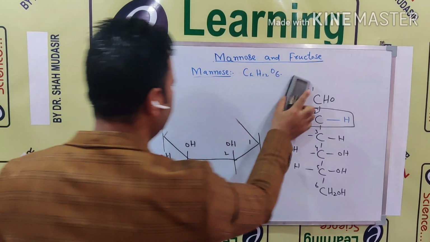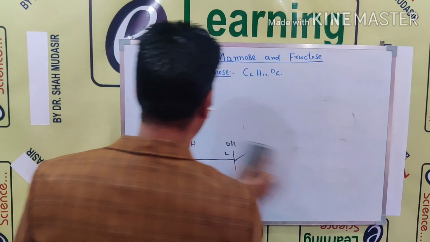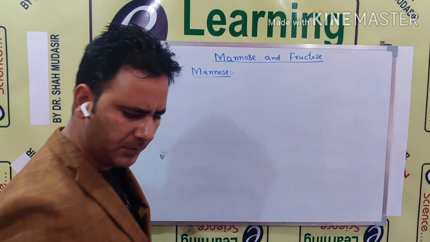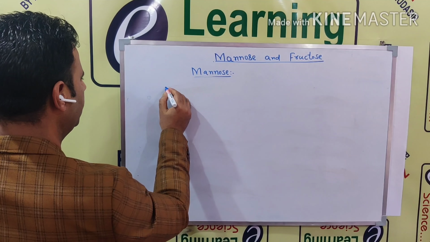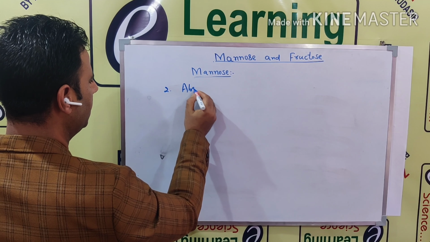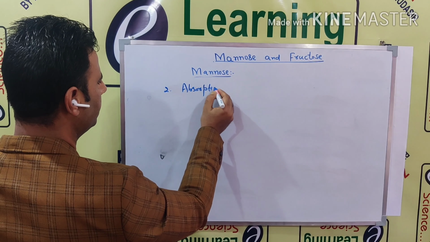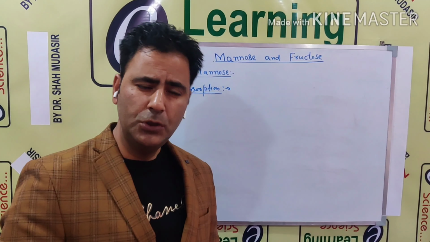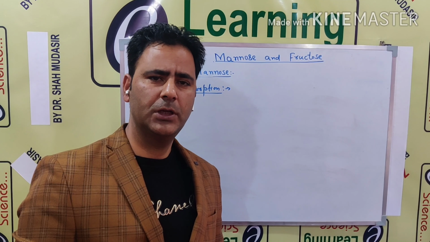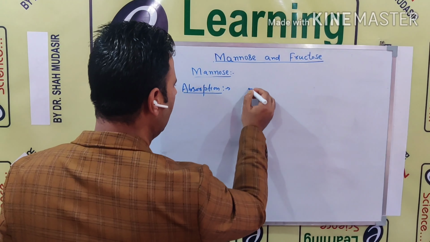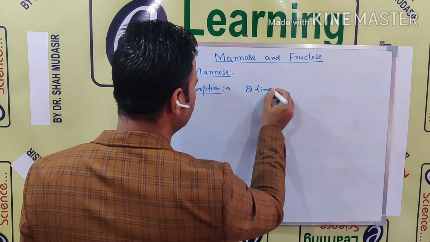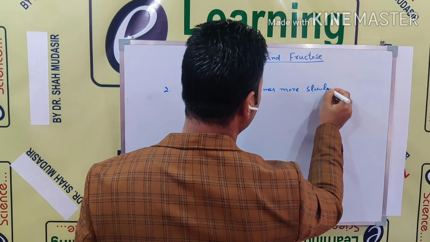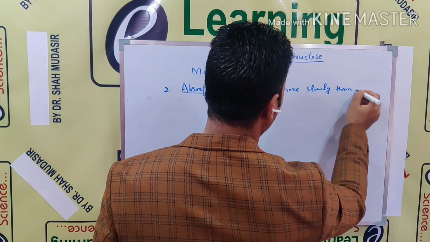Mannose is a C2 epimer of glucose. This was my point number 1. Second, when I look at the absorption of mannose in our body, mannose is absorbed slowly as compared to glucose, about 8 times more slowly than glucose.